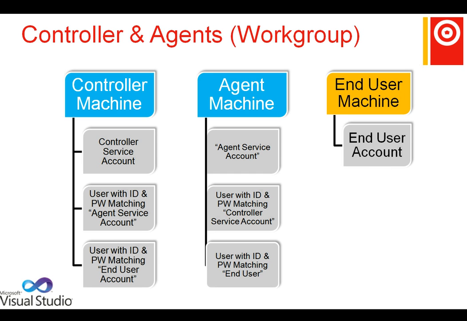Your agent machine also needs 3 accounts setting up: an agent service account, a user ID and password matching the controller service account, and a user ID and password matching the end user account. Your end user only needs the 1 account.